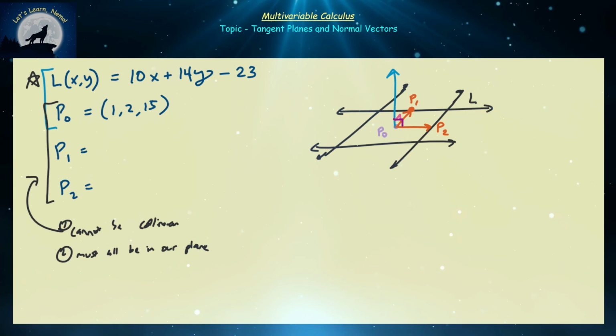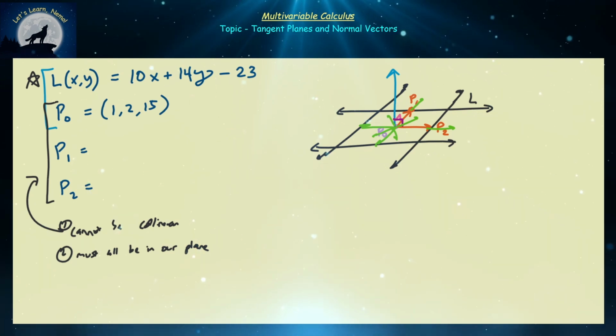And as a little side note, there are infinitely many points P1 and P2, because I can go a little bit more into the future of P1, and a little bit more into the future of P2. I can also work backwards in these directions as well, and if you want to be fancy, you can go in any diagonal direction as well, as long as it's defined there.